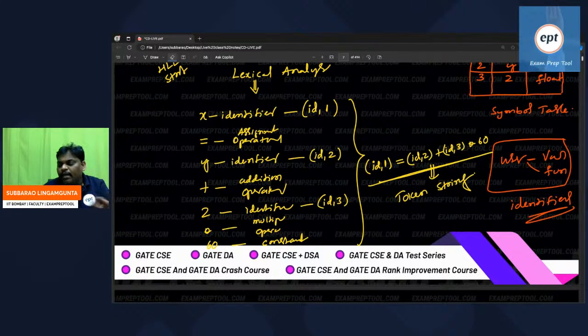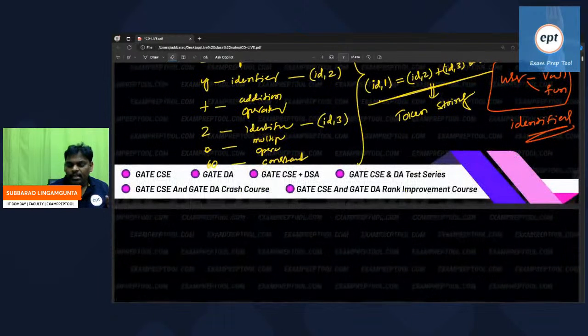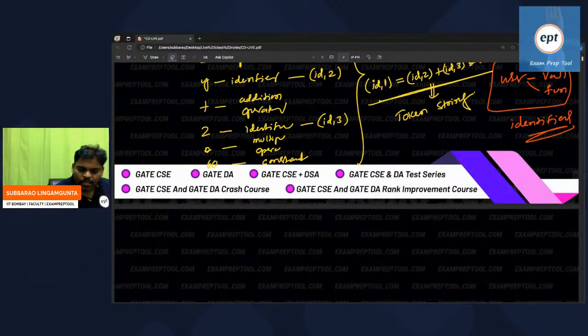Another name for the lexical analyzer is the scanner.